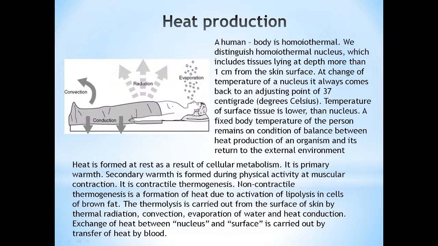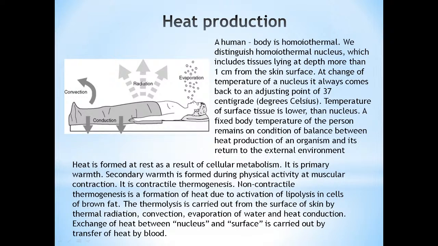At a change of temperature, the nucleus always comes back to a set point of 37 degrees Celsius. The temperature of surface tissue is lower than the nucleus. A fixed body temperature remains on condition of balance between heat production in the organism and its return to the external environment.